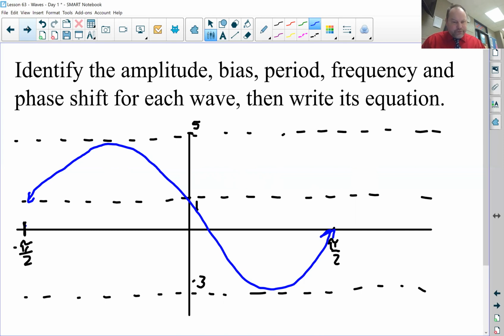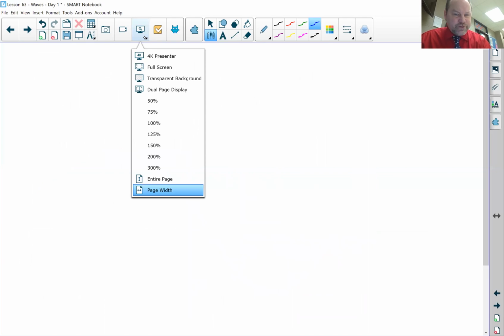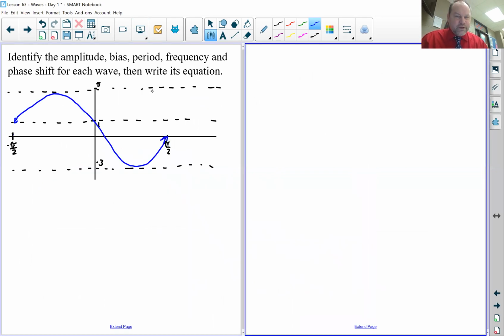And what I am going to do is make a blank page and have both of them on the screen so that we can look at the graph and answer the questions. So I'm going to go with a blank page and go with a dual page display.